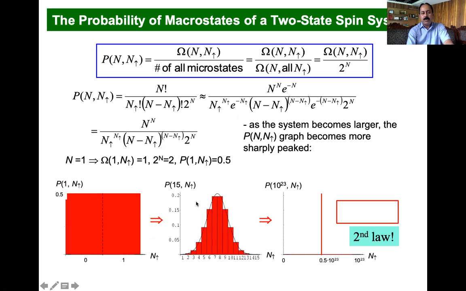Similarly, if we take the probability for different n values, we see the variation here.